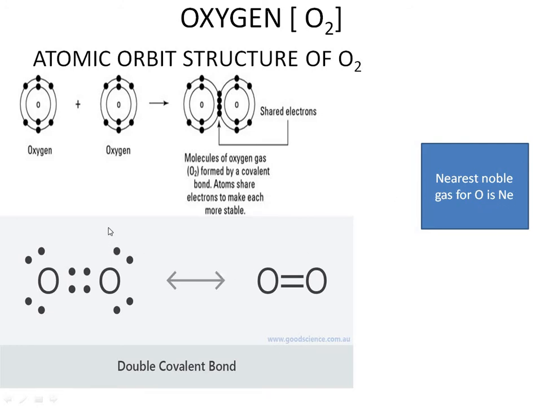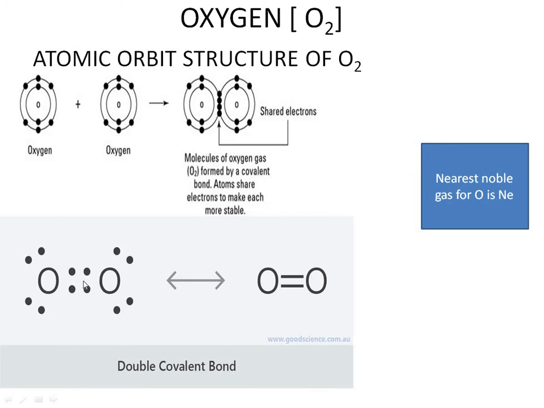If you are representing with the electron dot structure, I am going to represent 6 electrons for each oxygen atom. Here also 6. Now what happens? 2 electrons are facing inward here. The reversible arrow and all, you need not consider, just write it there. In the nitrogen case, a triple bond is formed, 3 pairs of electrons forming 3 single covalent bonds.